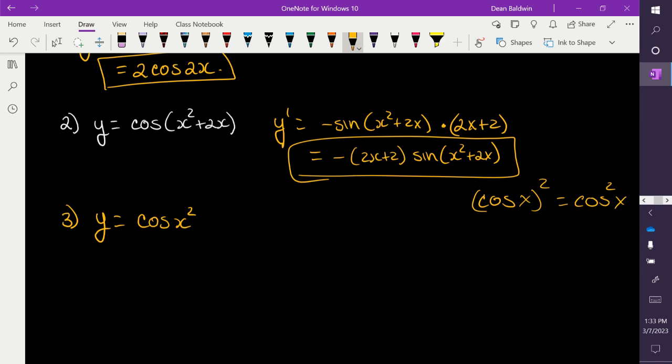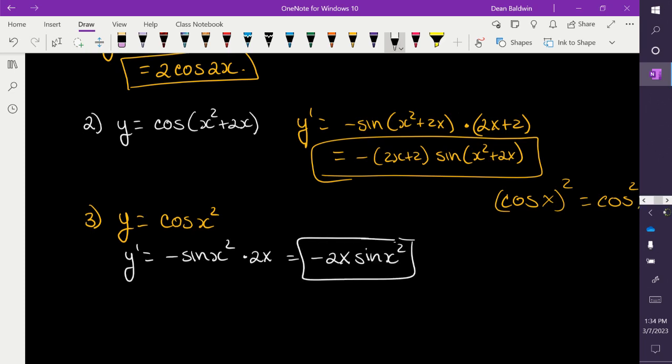So this means the x is being squared, so the outside function is cosine. So y prime, the derivative of cosine is negative sine x squared times the inside derivative, which is 2x. And then you'd usually move that to the front. And you get that.